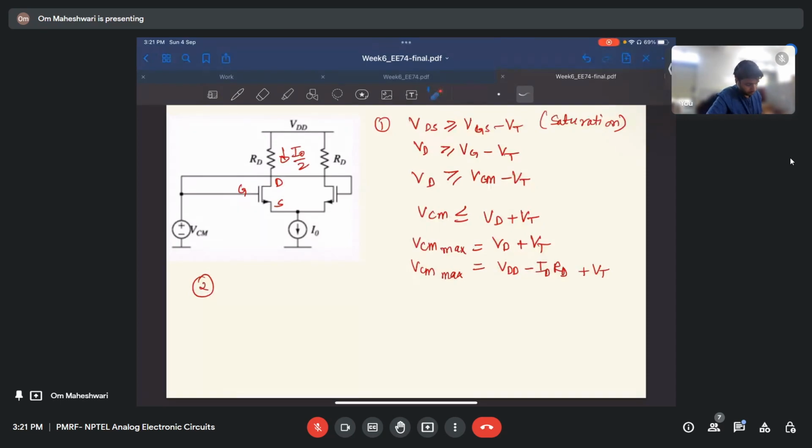So for this current, I naught by 2 should flow through this, so it should be Kn times Vgs minus Vt whole square, right?